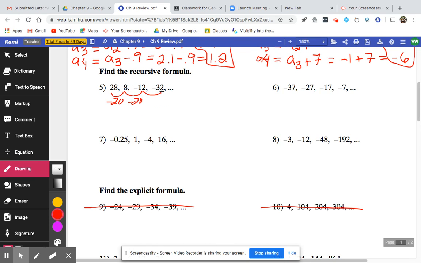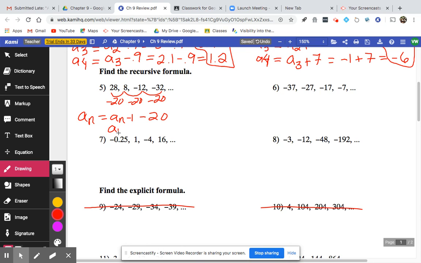From negative 12 to negative 32, once again, you subtract 20. Now, how does that help us? Well, for starters, I can find a recursive formula. So with each one, to get from one term to the next, I take the term before it, and I subtract 20. So A sub n minus 1 minus 20.